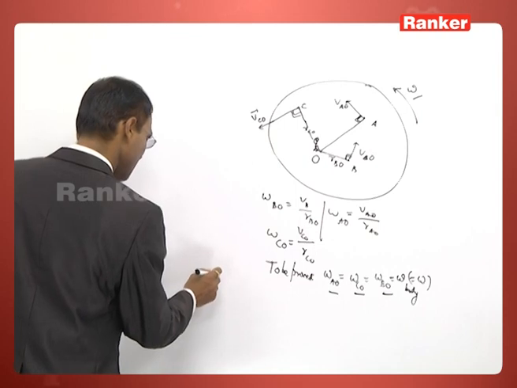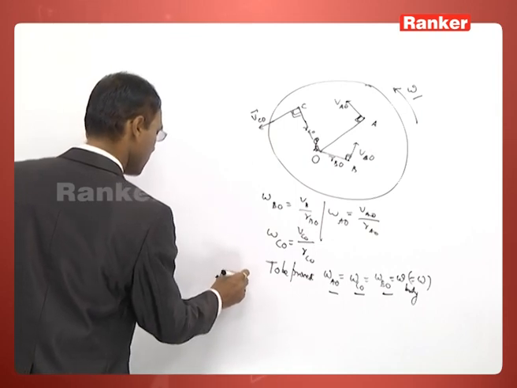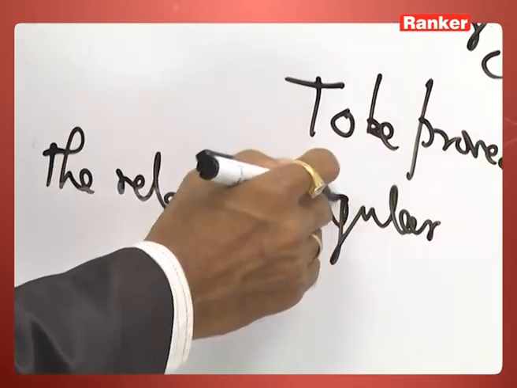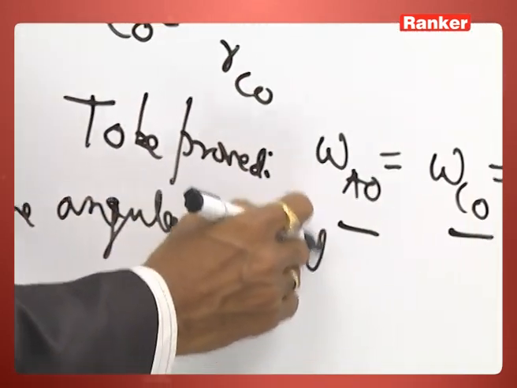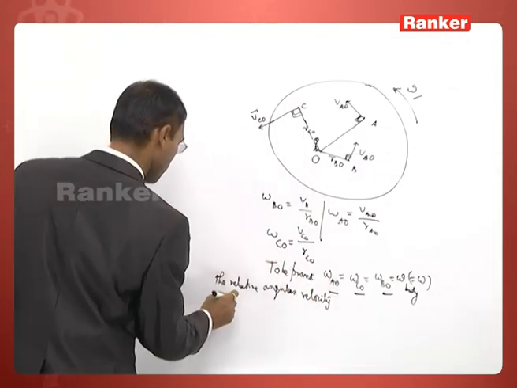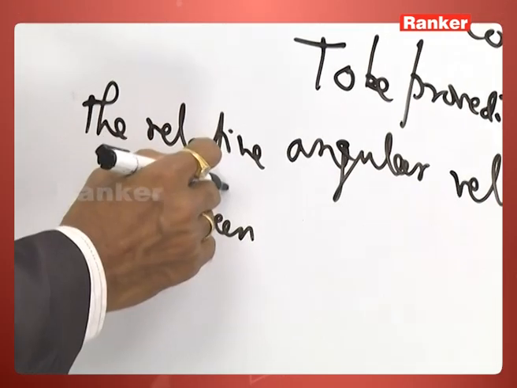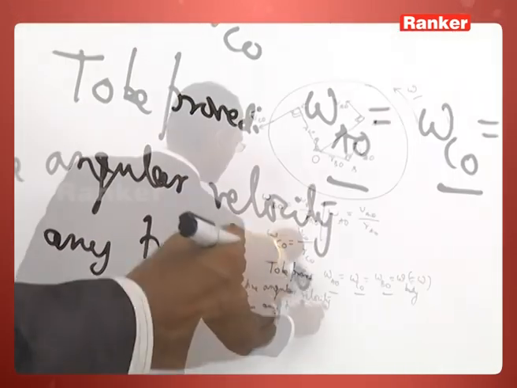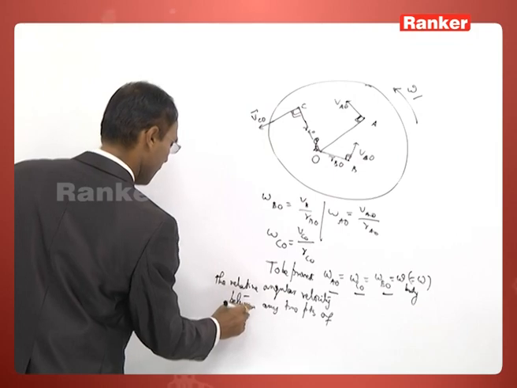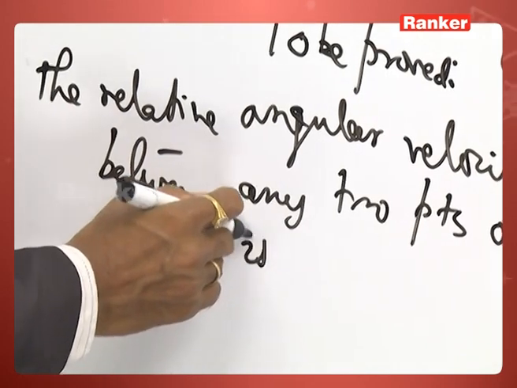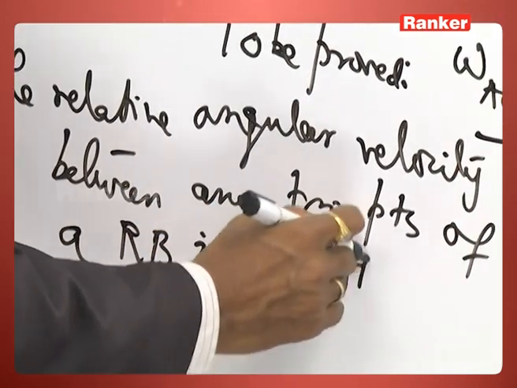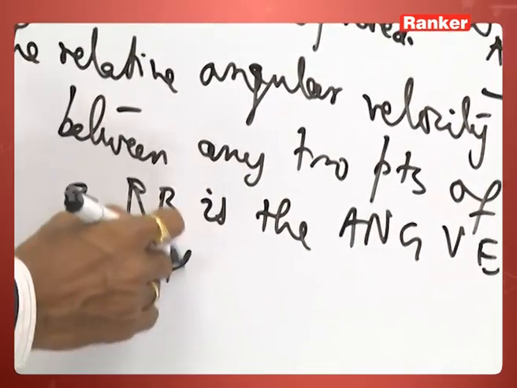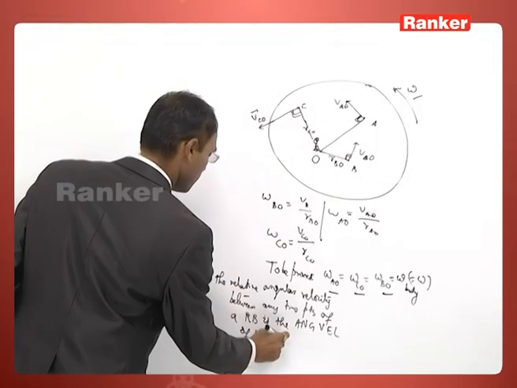Therefore, the relative angular velocity between any 2 points of a rigid body is the angular velocity of that rigid body.